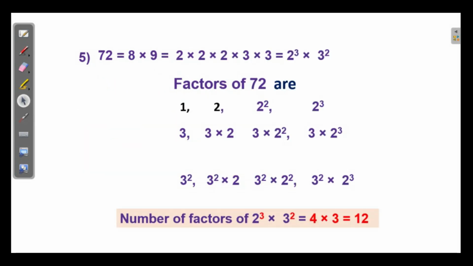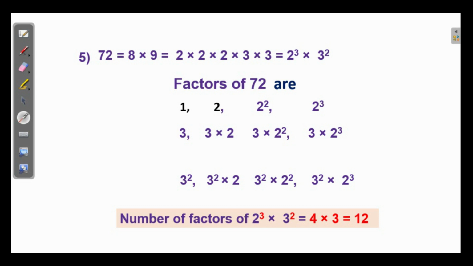Now he has considered 72. 72 we can write as 8 into 9. 8 is equal to 2 into 2 into 2 and 9 is 3 into 3. So this is 2 cube into 3 square. Factors of 72, we can list the factors.